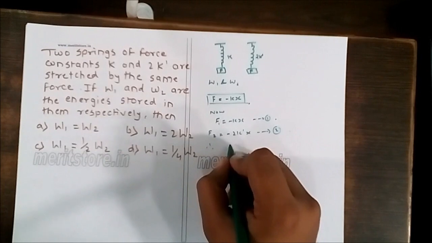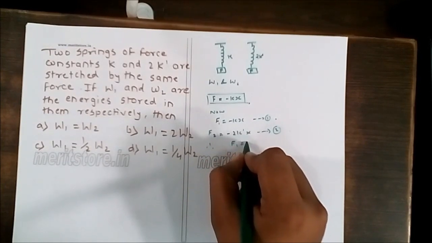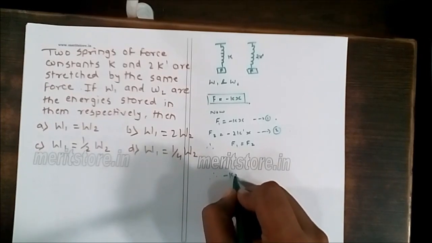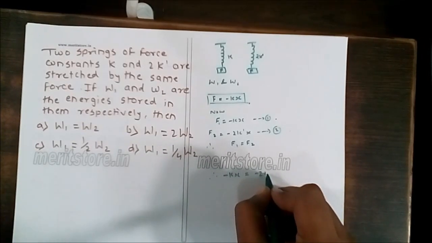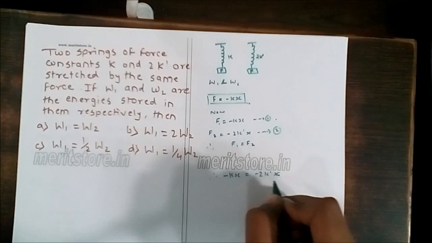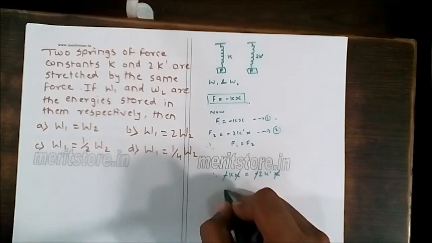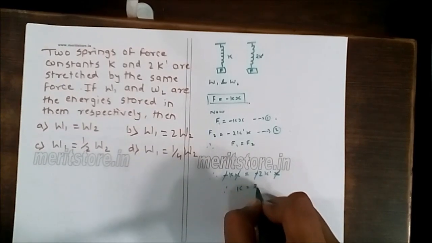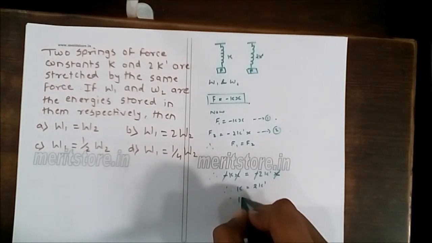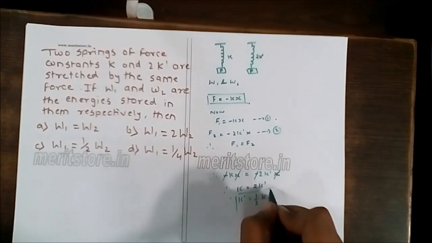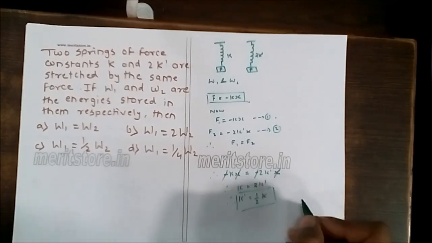So therefore, since the force is equal, F1 is equal to F2, I would say minus kx is equal to minus 2k dash x. Minus minus will get cancelled, x and x get cancelled, so k is equal to 2k dash. Therefore k dash is equal to half of k. This relation is very important.